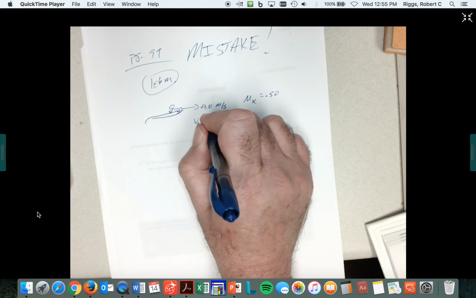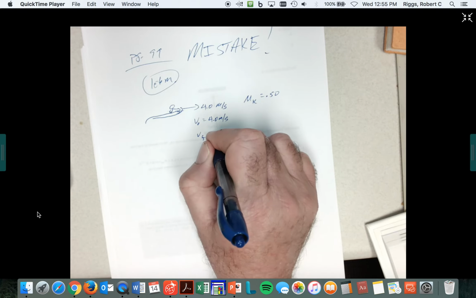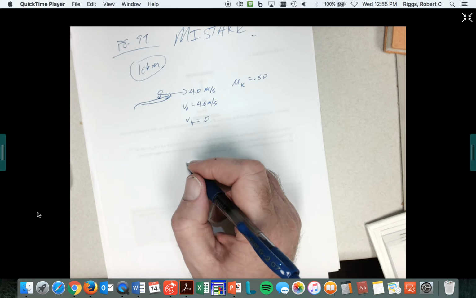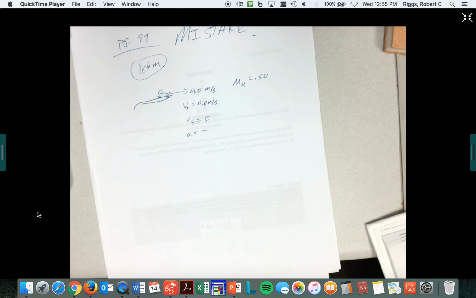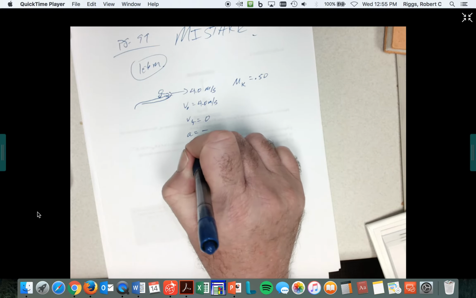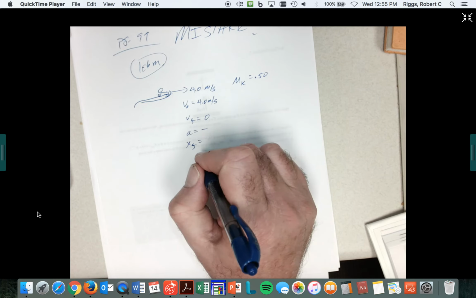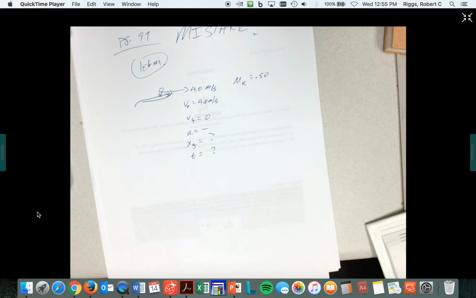So his V naught is 4.0 meters per second, V final is 0. There's got to be a negative acceleration that brings him to a stop. We want to find that acceleration, the distance he traveled to come to a stop, and the time.